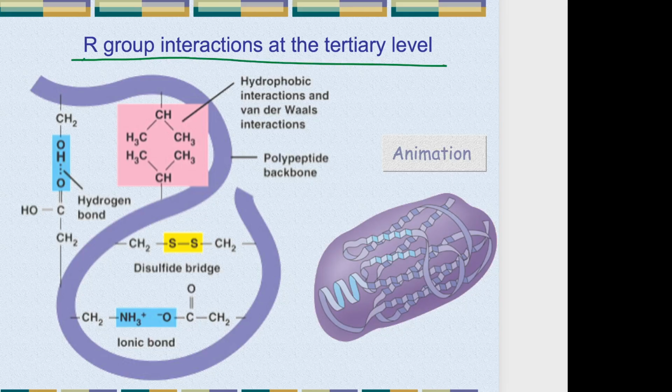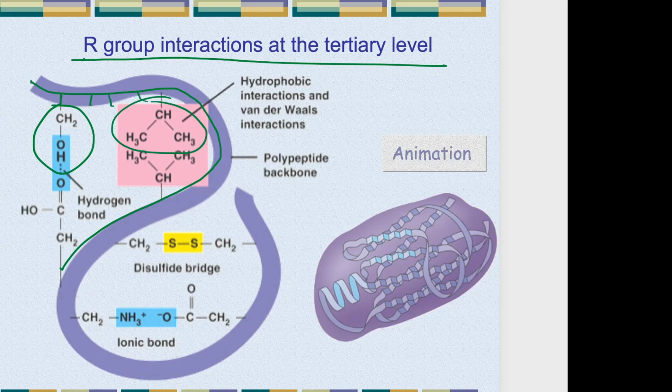So once again, if you can imagine, this purple snake is actually the chain of beads, and sticking off of each bead, each separate bead has its own side chain. They're not showing all the side chains. There are obviously going to be side chains here and here and here on every single bead on this chain. They're just focusing in on some of them.